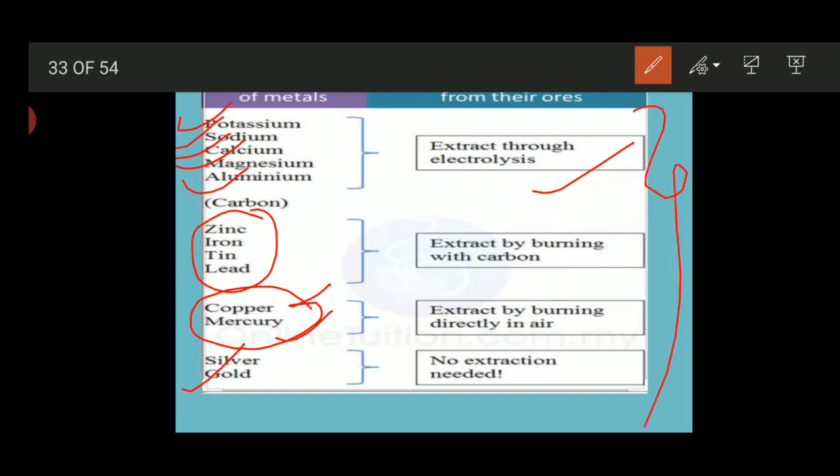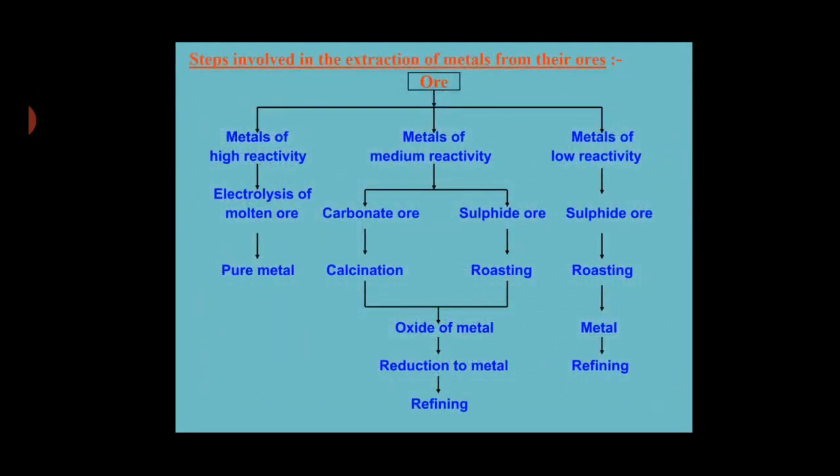Let's understand the whole steps involved in the extraction process of metals through a flow chart. Here all the steps are written. As we all know, in the extraction process of metal, basically 3 steps are involved, but we write 4 steps. One step is an optional step.